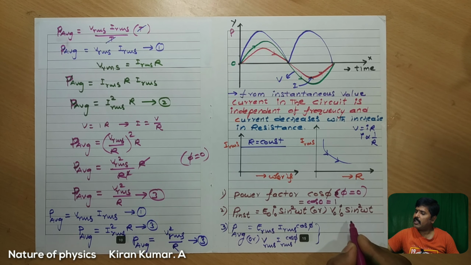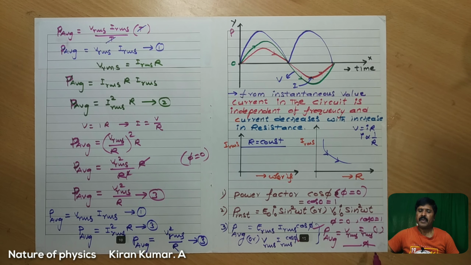And next, instantaneous power given here, and after that we can write average power, student, already just now completed. So average power here, this is also phi is equal to 0, student. We will get P average is equal to Vrms Irms into cos 0 is equal to 1, student. Directly I am writing here, this is 1, student. Okay, this is clear information about the R circuit, student.